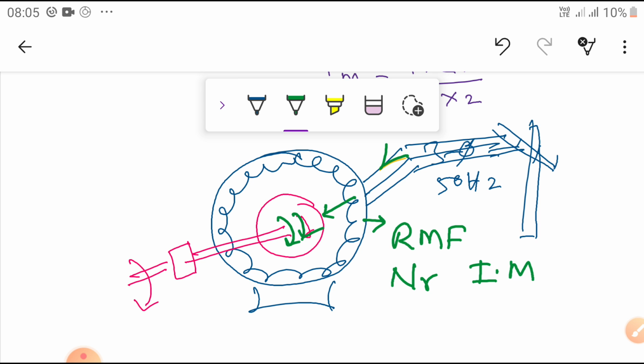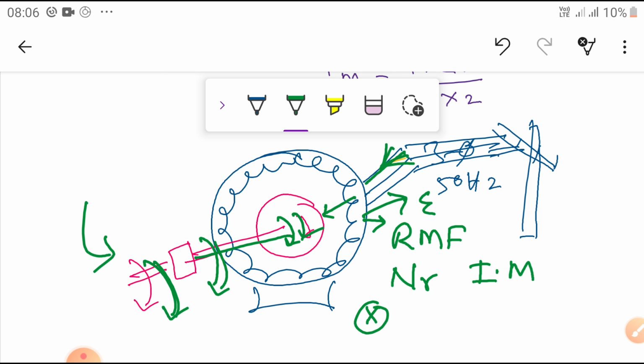Okay. Now, there is one doubt. Suppose supply is given to this one, it rotates, giving mechanical output. Now, second case, if I rotate this one by external means, then will it generate any electrical energy?